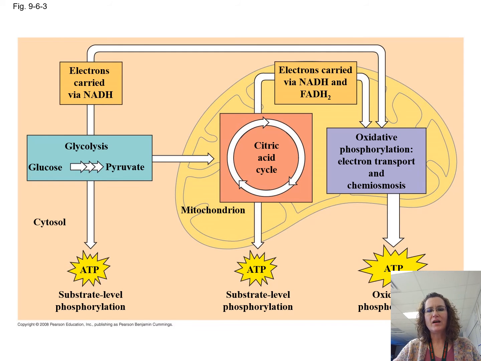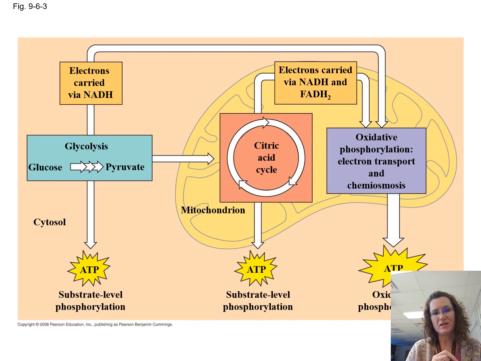And so this is a picture. We're going to draw this, or label our own. You'll have a copy of this, and we'll go through the thoughts of that. This is the overview of cellular respiration. It is intentionally drawn so that glycolysis is outside of the mitochondria, and you could think of it as fermentation.